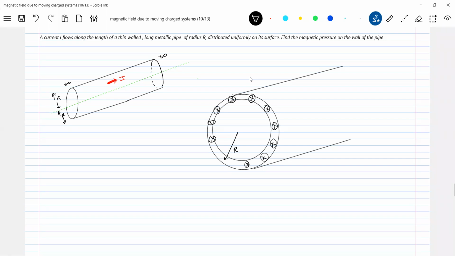I can directly write the formula B squared by 2 mu naught and manage from there. But when you go for application problems, you should know how that force will act.